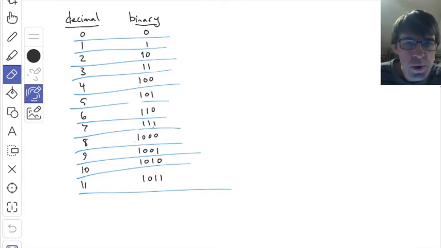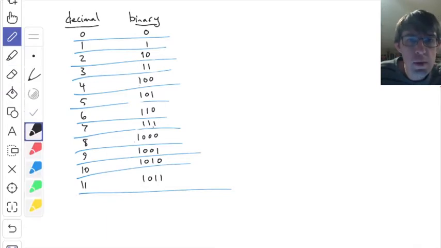Computers do everything at a very basic level in terms of binary. More often for computers we write things in what's called hexadecimal, or hex, which is base 16. In each digit you have a separate digit marker for 0 through 15, and they use A, B, C, D, E, and F for hex digits.